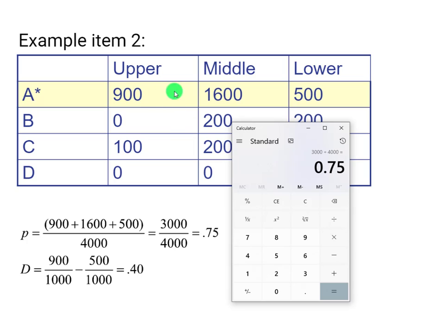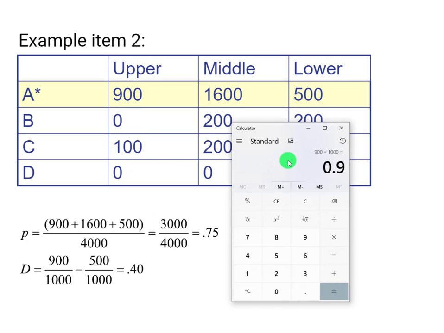Now let's look at the discrimination. Remember, that's the proportion of students in the upper group that got the answer correct, minus the proportion of students in the lower group that got the answer correct. So here we have 900 out of the 1,000 that got the answer correct. That is going to be 0.9.